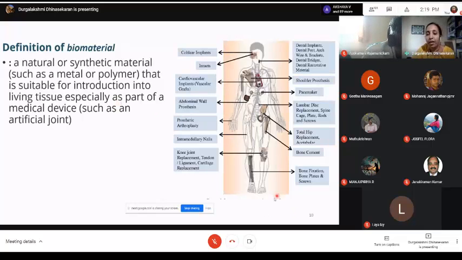These are some examples of biomaterials currently in use all over the world for treatment conditions and to improve the quality of life of the human system. They include metals, ceramics and polymer materials.